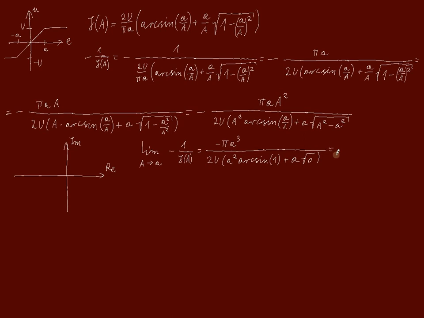The arcsine of 1 is the value of the angle for which the sine gives the value 1, and that is 1 second p. And this is the starting point of the characteristic.